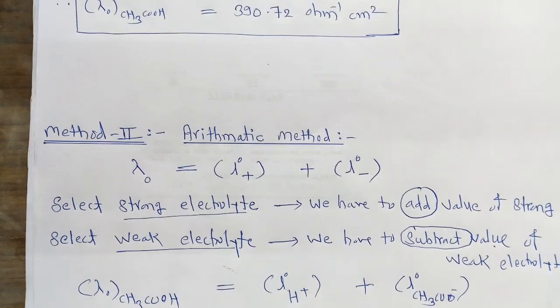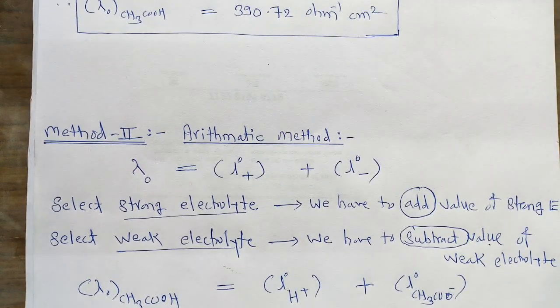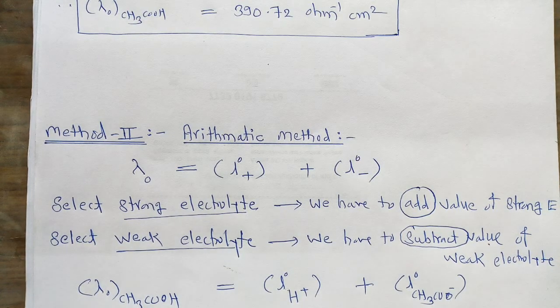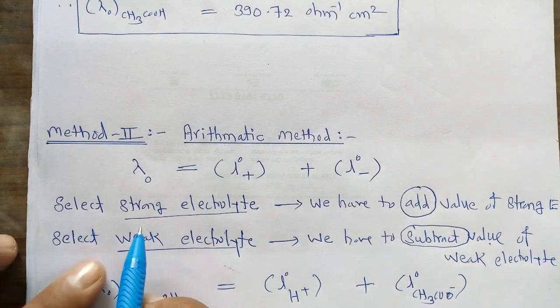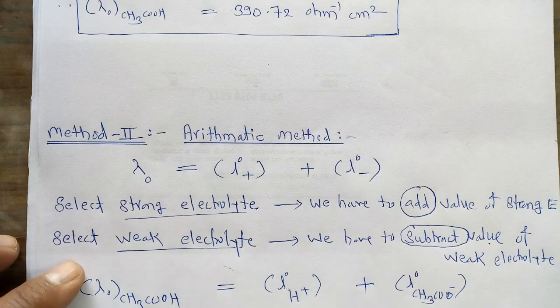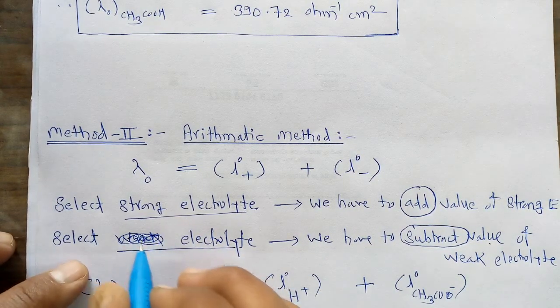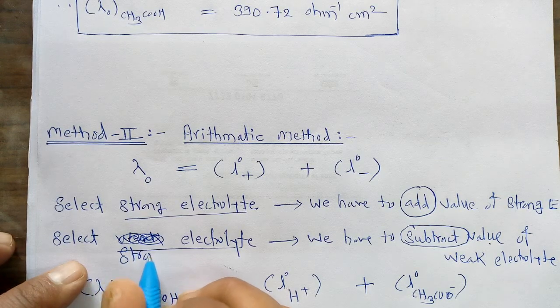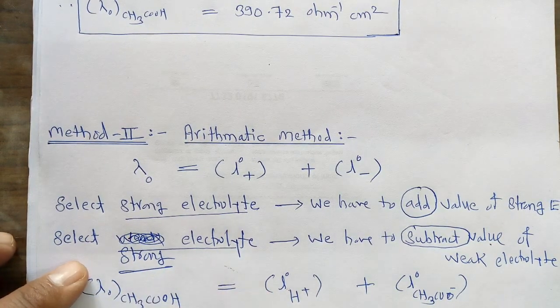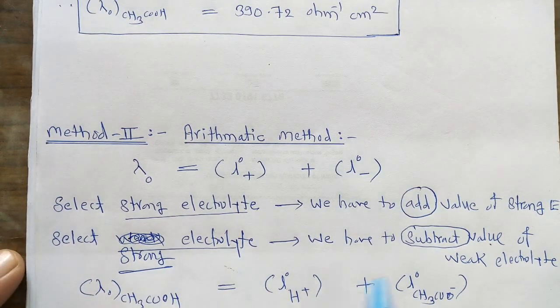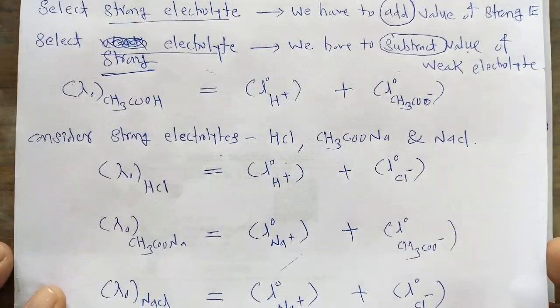We take the first strong electrolyte whose value we add, and secondly we take a second strong electrolyte, again not a weak electrolyte, whose value we subtract. For this purpose we take the example of acetic acid.